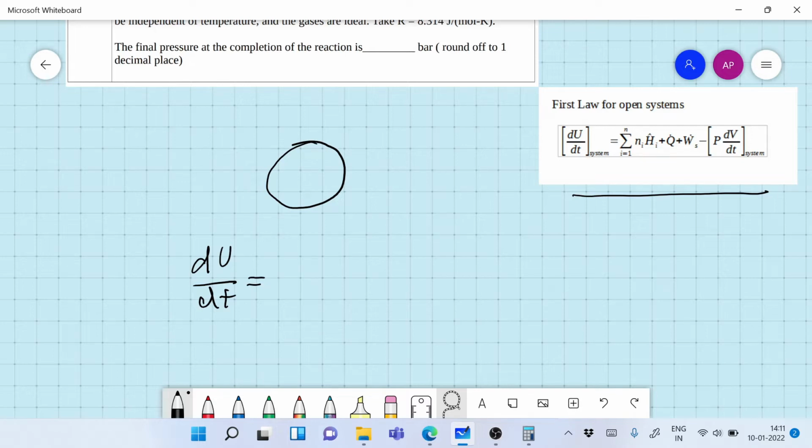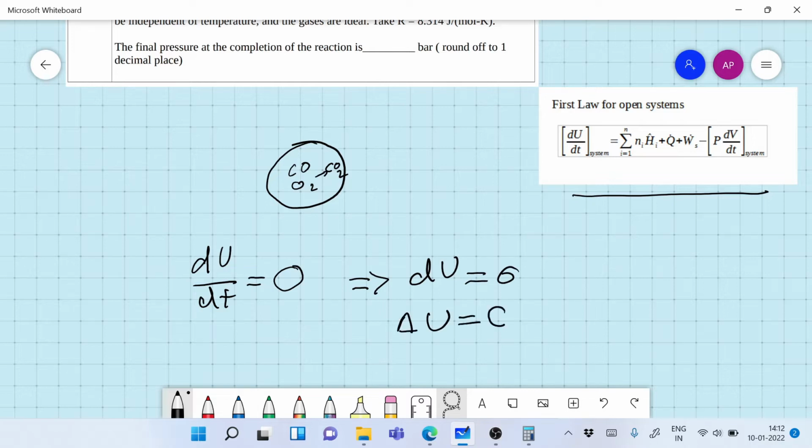I define this black circle in which I have carbon monoxide, oxygen, which finally gives me carbon dioxide as my system. Its volume does not change. So what we have is dU by dt is equal to 0, or this means dU is equal to 0, or this means that the change in internal energy of the system is 0.